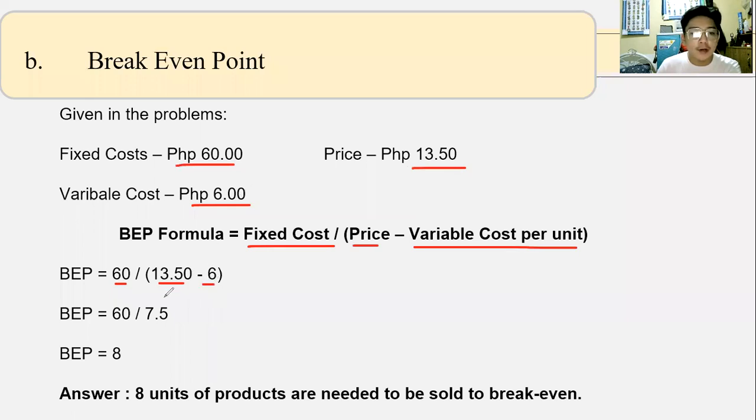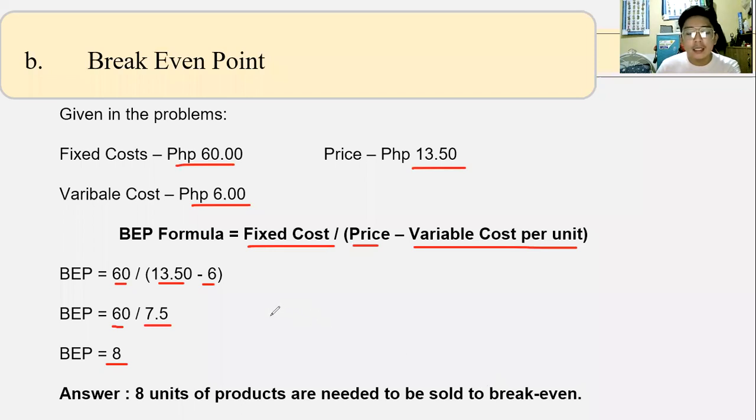The next step is to subtract the values inside the parentheses. So we have 13.50 minus 6, which is 7.5, and then we just bring down the 60. So 60 divided by 7.5 is 8. The answer for the break-even point is 8. Eight units of products need to be sold to break even.